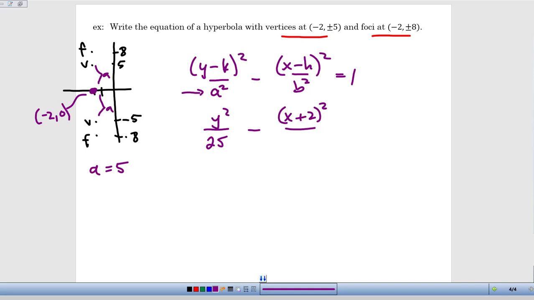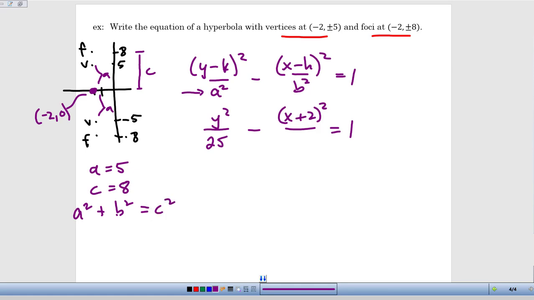And then in the denominator of the second fraction, we need to know what b is. Now recall that the distance from the focus to the center is not b, that is c. So we know that c equals 8. That will help us, because we know that a squared plus b squared equals c squared.